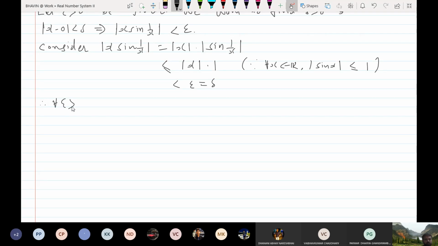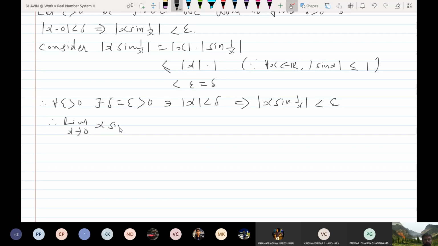So therefore, for every epsilon greater than 0, there exists delta equal to epsilon greater than 0, such that mod x less than delta implies mod x sine 1 upon x less than epsilon. Therefore, limit x tends to 0, x sine 1 upon x is equal to 0, which is not equal to 1, the value of f of 0.